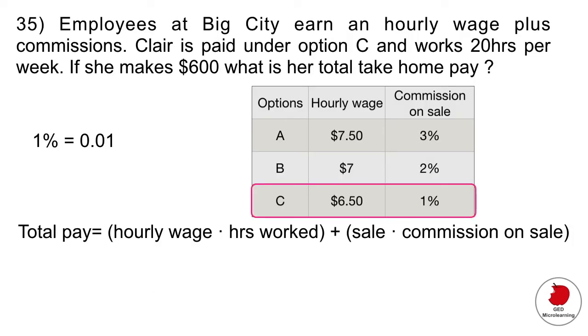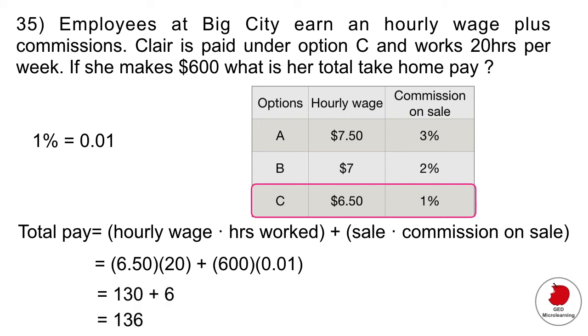We know this is the option she's going to be paid in, option C. Her pay is going to be the hourly wage, which is $6.50, multiplied by the number of hours she worked, plus the sale of $600 that she made, multiplied by the commission that she gets on the sale. If you plug the numbers into your equation, you end up with 136.